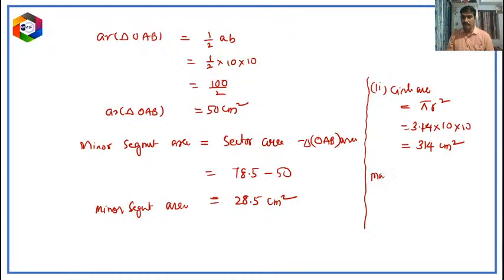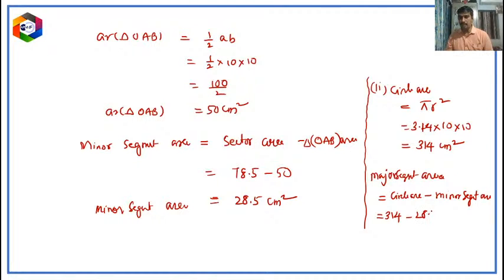Now the major segment area will be equal to, as we discussed previously, circle area minus segment area. What is the circle area? 314, pi value 3.14, r is 10, 10 into 10, minus 28.5.